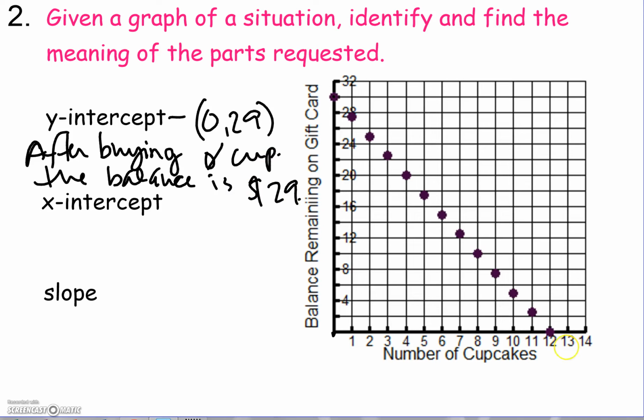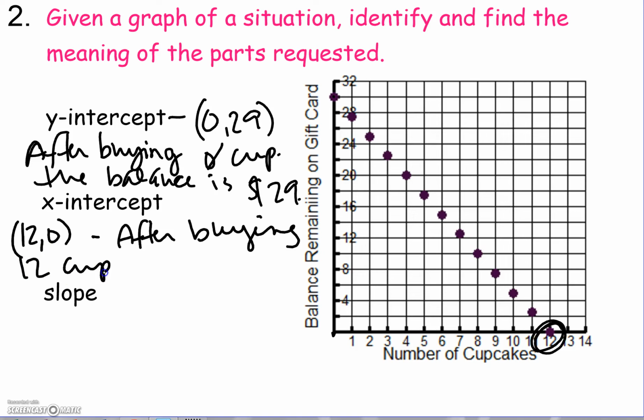And then our x-intercept is down here, so we're going to have 12, 0. And what that means, after buying 12 cupcakes, the balance is $0.